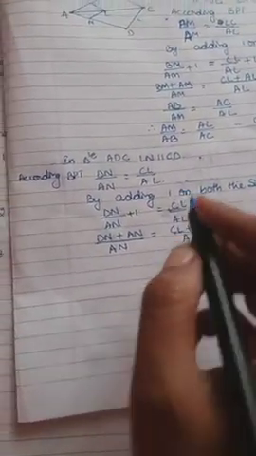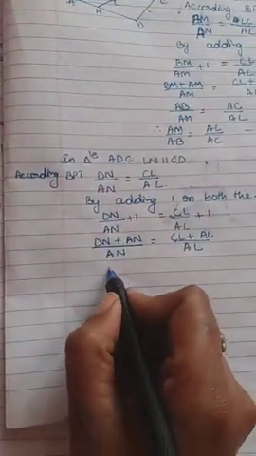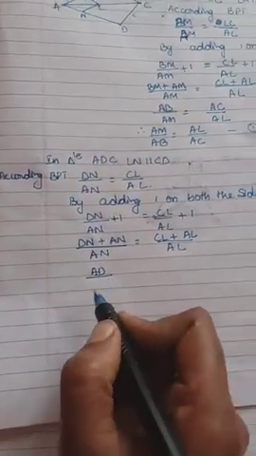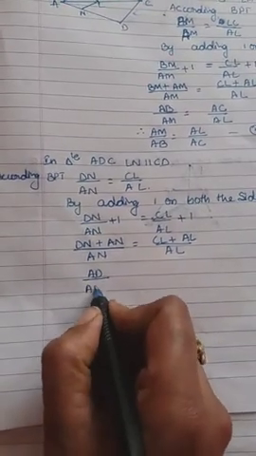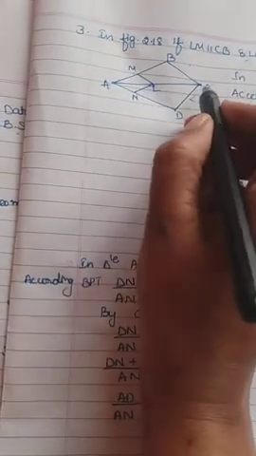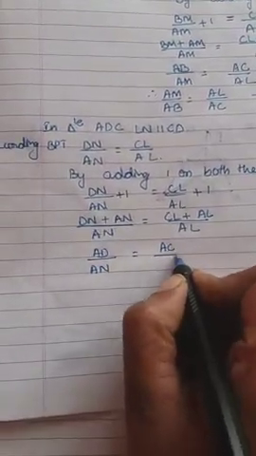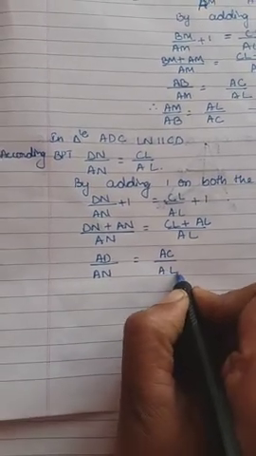So according to the diagram, DN plus AN equals, what happens here? AD, right? So AD divided by AN equals, and AL plus CL we already had, that CL plus AL equals AC only, AC divided by AL.